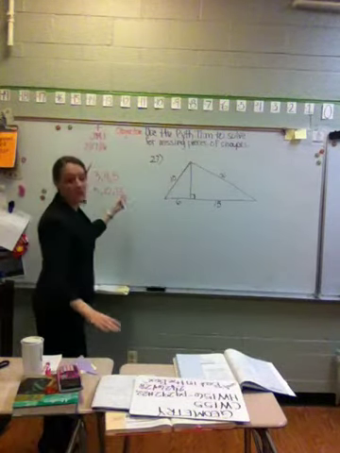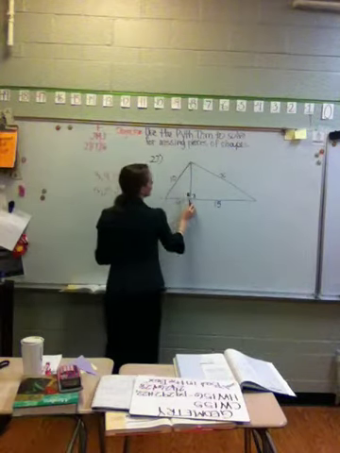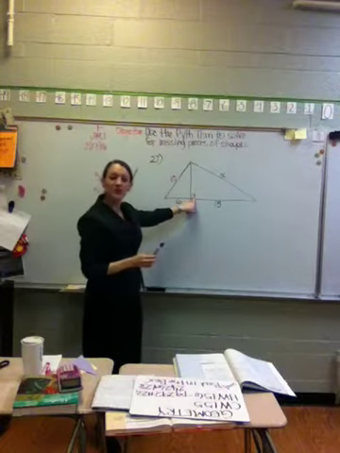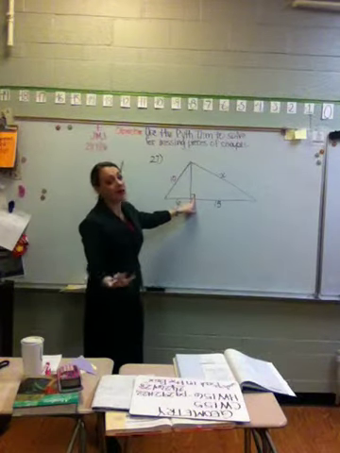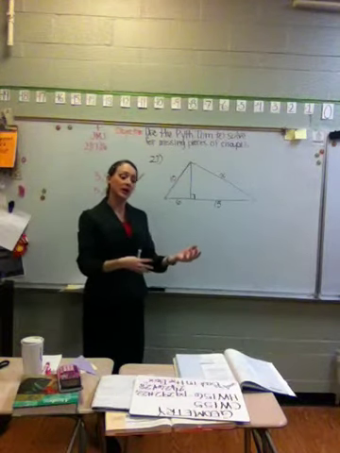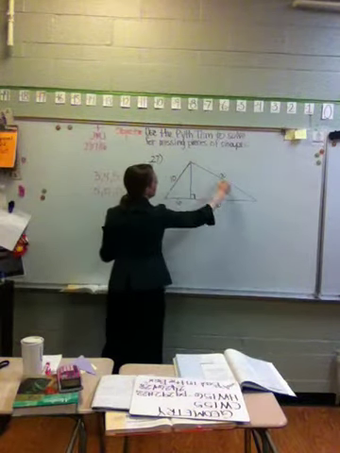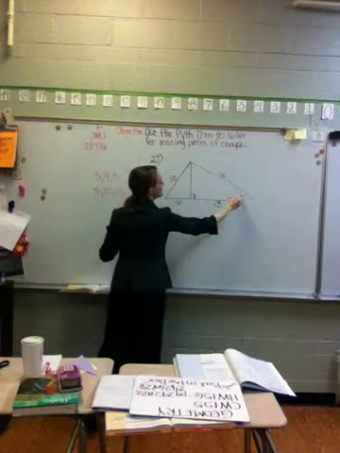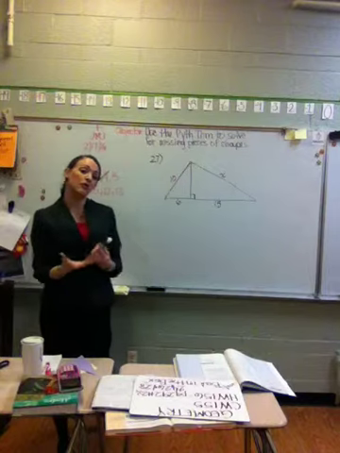So this goes back to that. I have my altitude that has bisected this side into a right angle. Therefore, I know it's the altitude, it's telling me the height. I can now assume, using what I know about similar triangles, that this big triangle is similar to these two small triangles, therefore making it a right triangle.